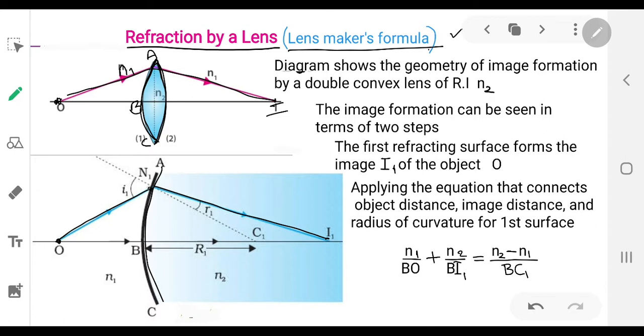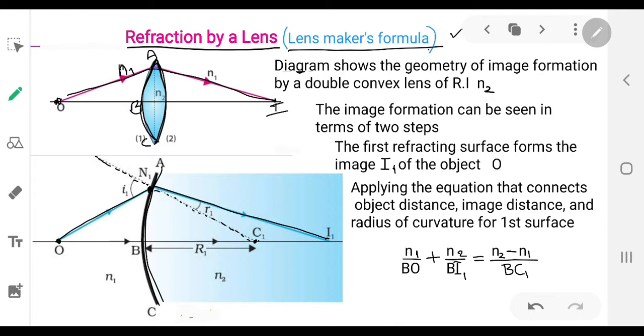Now, to measure the angle of incidence and angle of refraction, we require the normal at the point of incidence. How to draw the normal? It should be perpendicular at that point. The spherical surface is a part of a sphere, so a line joining that point to the center of curvature gives the normal to the surface, because that is the radius of the spherical surface and it will always be perpendicular at the point.